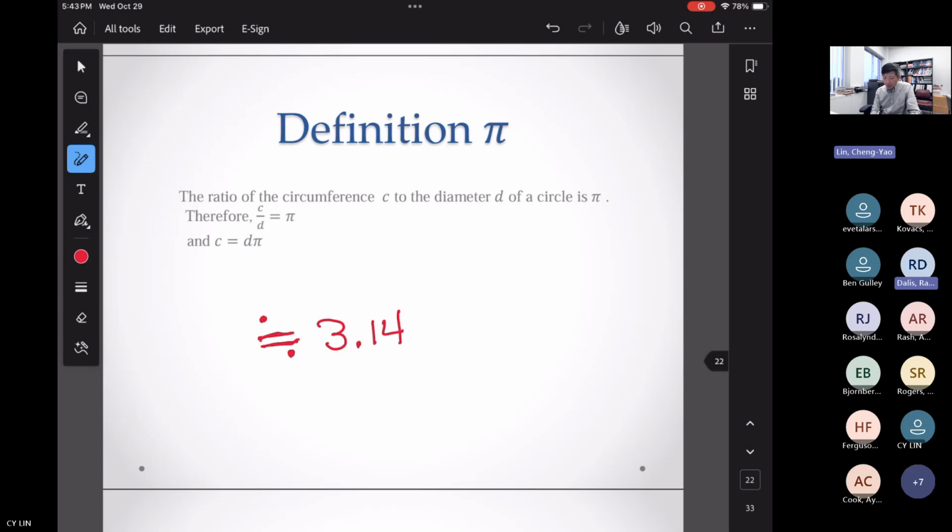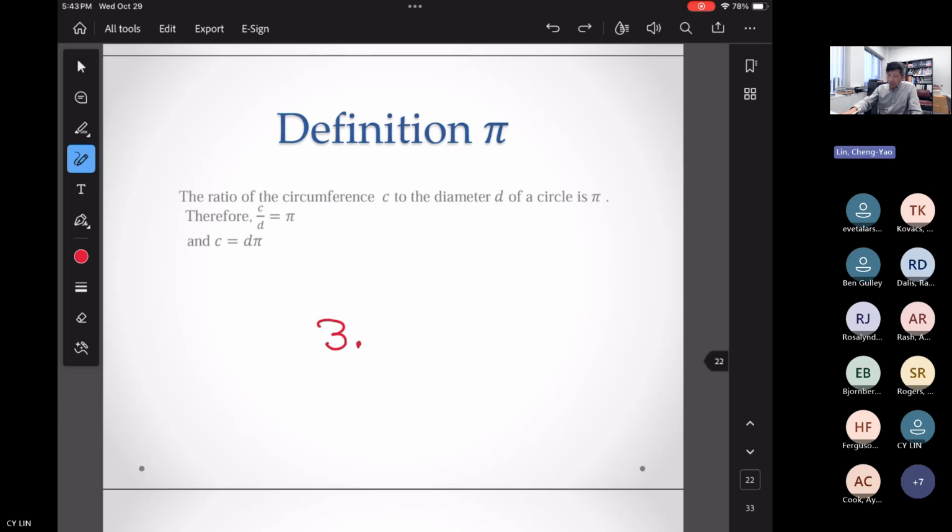This is mathematical writing: approximately 3.14, with the two wavy lines. But if you say your statement is 3.14, that is wrong. Actually, it's approximately 3.14.